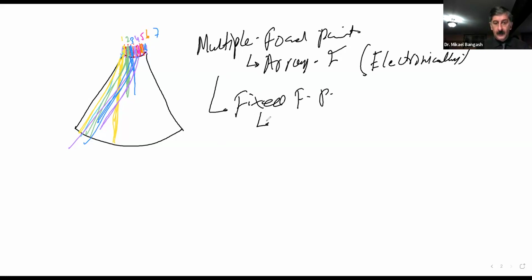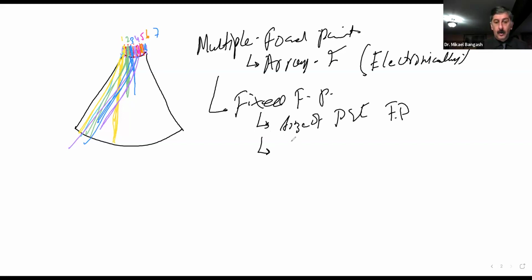Because mainly, two things: either the size of the PCT will determine the focal depth or focal point. Right. Did that make sense?